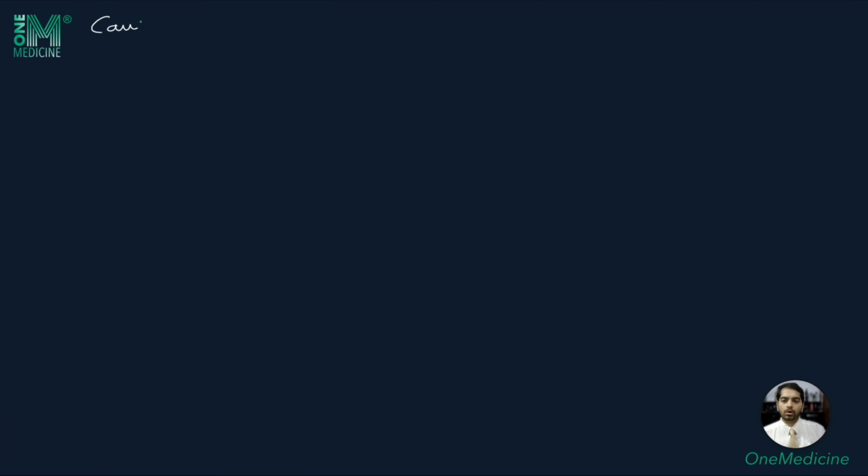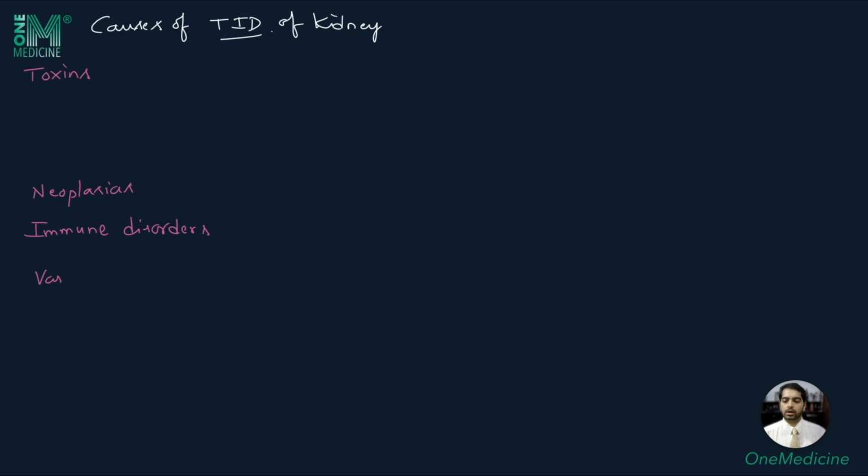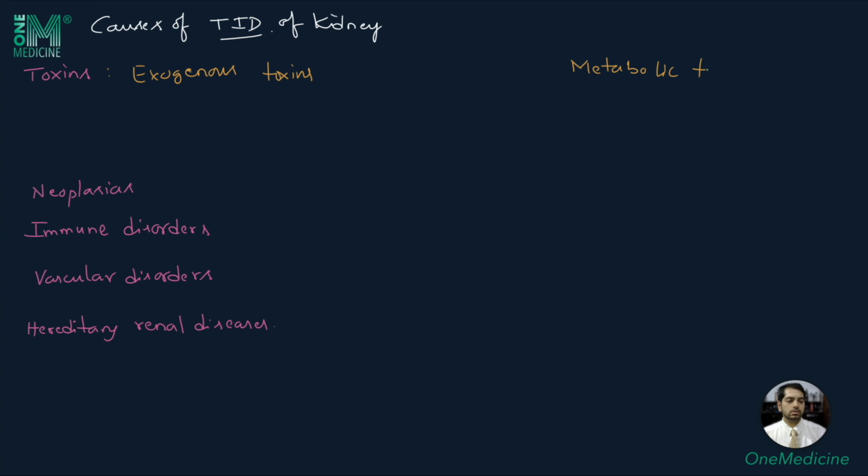Now let's look at various causes of tubulointerstitial diseases of kidney. They can be broadly categorized into toxins, neoplasias, immune disorders, vascular disorders, and hereditary renal diseases. Toxins are further divided into exogenous toxins and metabolic toxins.